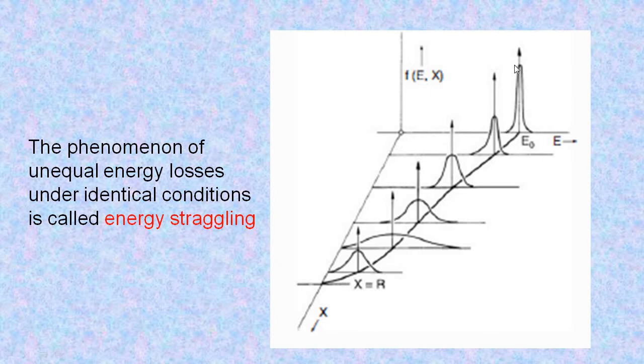So this is the variation. This is the value of dE by dx, and that energy is lost in a small range. Actually, it is only varying in a small range. And when your particle is penetrating, this is that depth x.